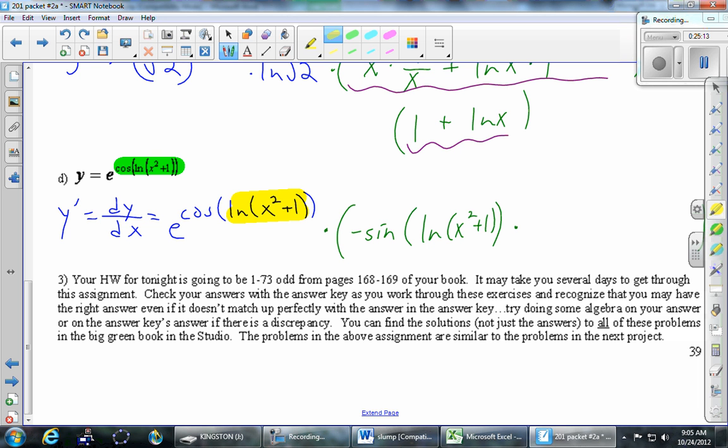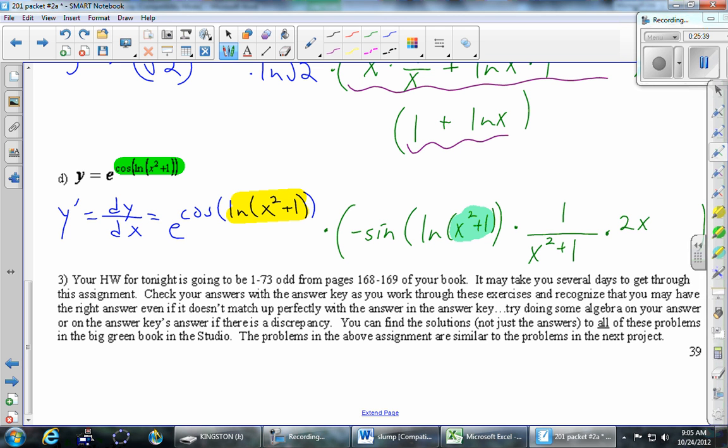So the derivative of ln of stuff is 1 over the stuff, which is x squared plus 1, times, and then finally we need the derivative of the newest stuff, which I'll highlight here in blue. Derivative of x squared plus 1 is 2x. I think that's it. Questions on that one?